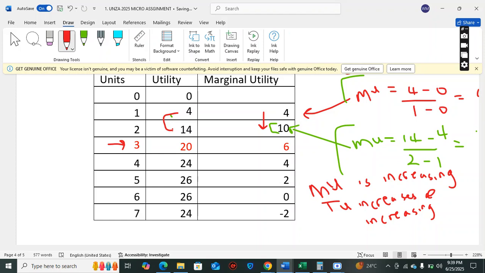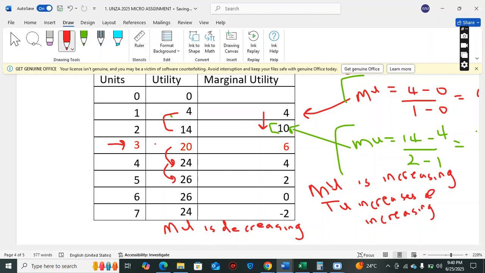Now, when marginal utility starts to decrease, total utility increases at a decreasing rate. This is what we mean by increasing at a decreasing rate. Have you seen from 20 the jump is just a small jump by 4 units, then by 2 units?